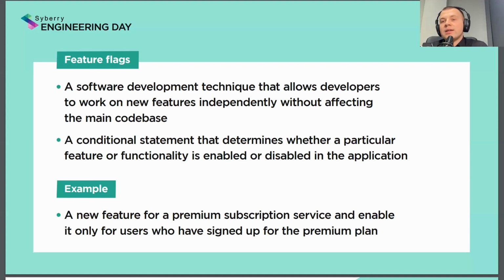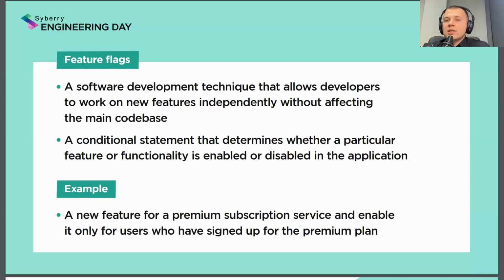A feature flag is a conditional statement that determines whether a particular feature or functionality is enabled or disabled in the application. In trunk-based development, where developers make all changes directly to the main line, it can be challenging to work on multiple features simultaneously without interfering with each other's work. This is where feature flags come into play.